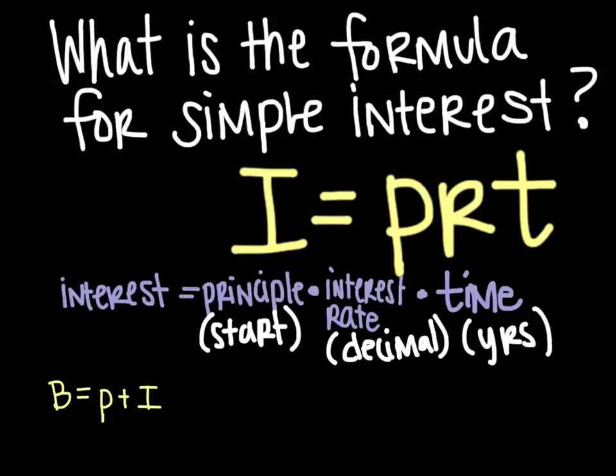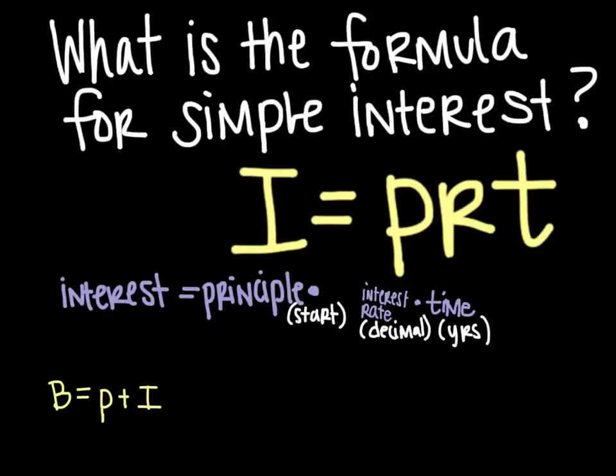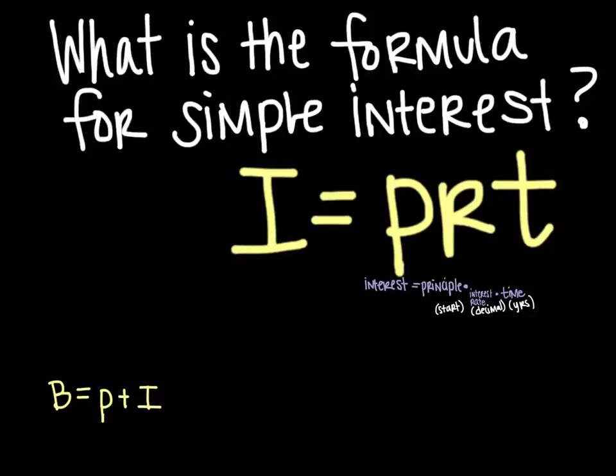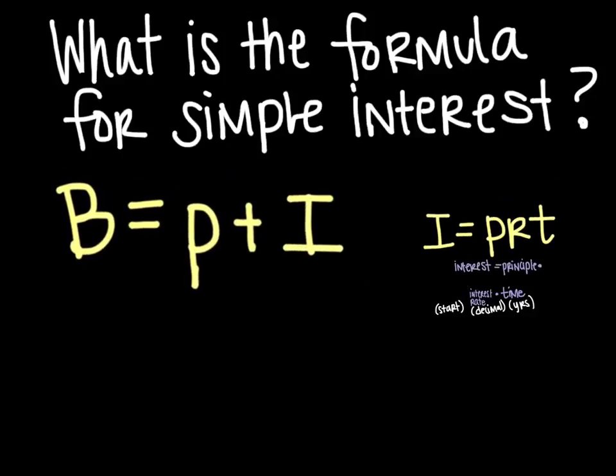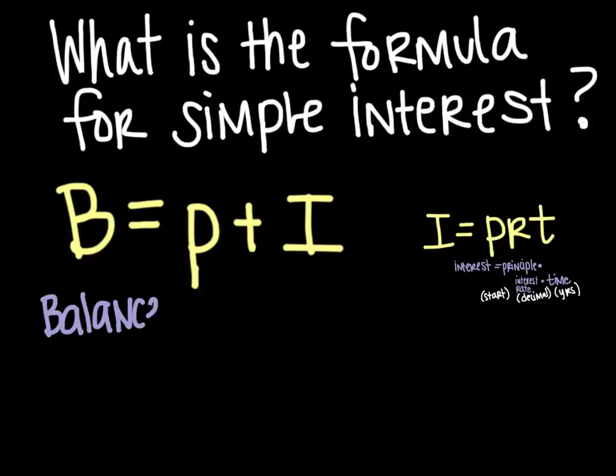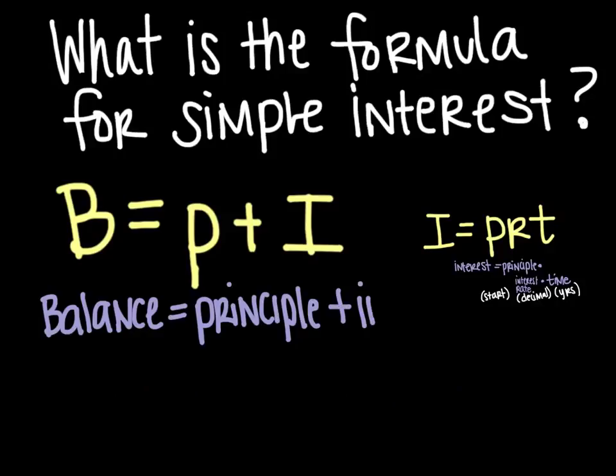Sometimes it will just ask you for what the interest is, how much money you're making on it. But sometimes it'll ask you for the balance. And when it asks you for the balance, you have to take one more step. So you find the interest, but then you have to find what the balance is. To find the balance, and this is B equals P plus I, your balance is equal to your principal, your starting amount, and add your interest.